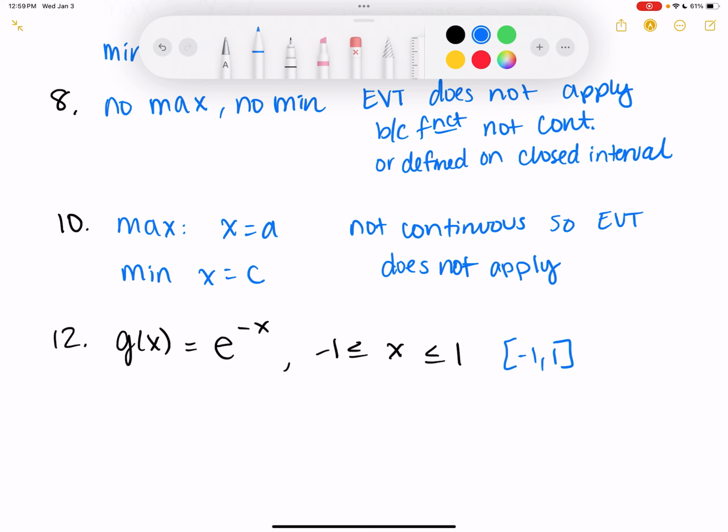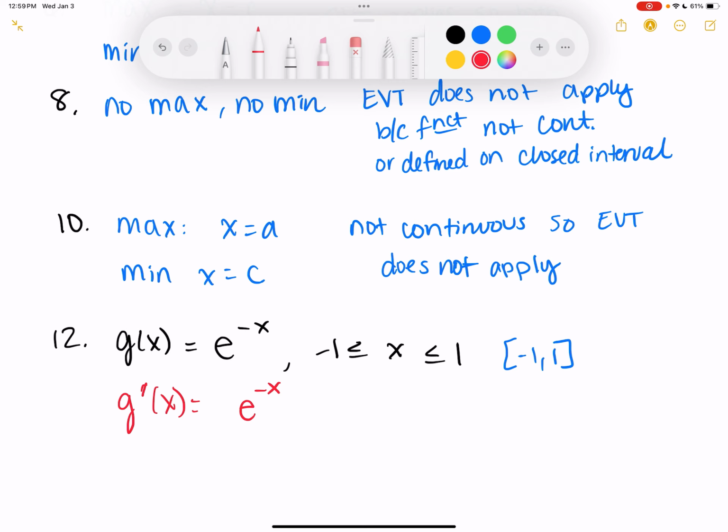So we're going to take the derivative of the function. I know it's been a hot minute. What is the derivative? e to the negative x. Almost. Oh wait. e to the x equals e to the x. This is technically a chain rule.